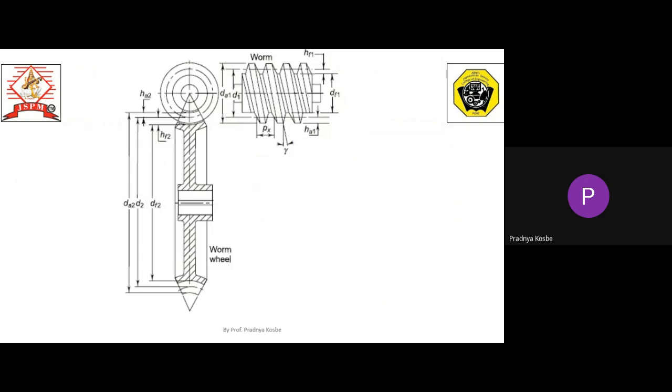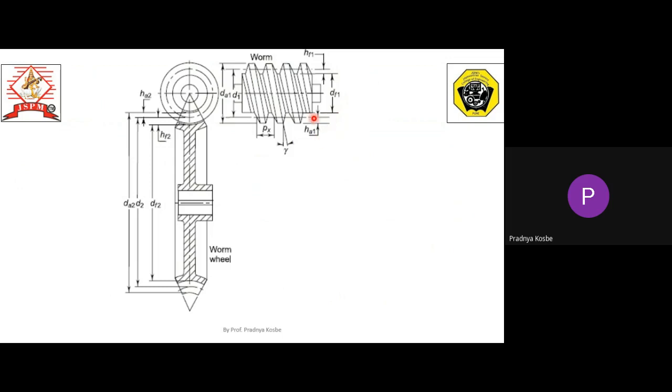So I will repeat that D1 is the pitch circle diameter, DA1 is the addendum circle diameter of the worm, DF1 is the dedendum circle diameter of the worm.